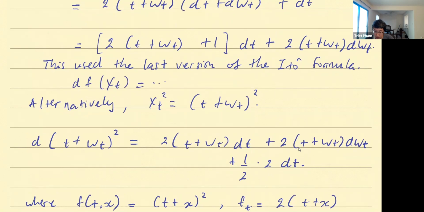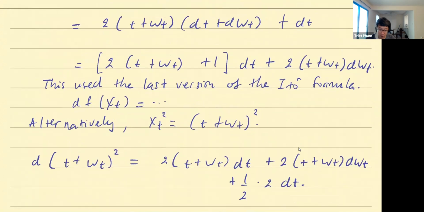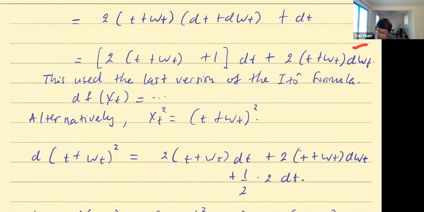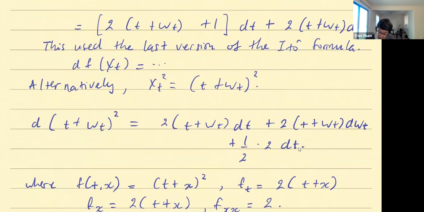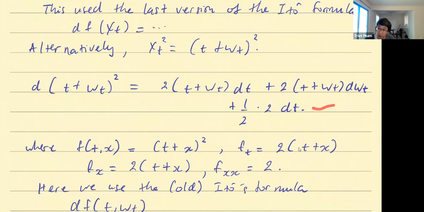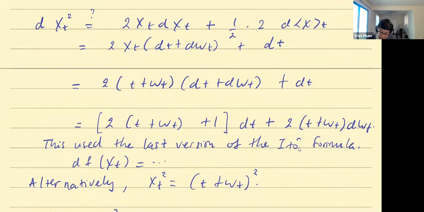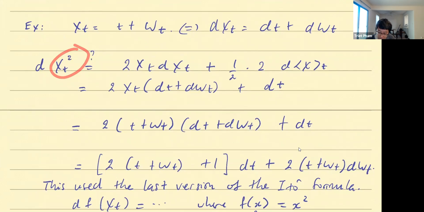Again, the point is that no matter which version you look at, you get the same answer. But notice that the functions we used are very different. Here, the function is just a pure function of x, which is x squared, because we look at d(X squared). It's the process that's complicated.